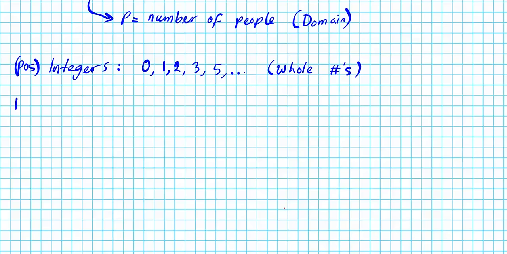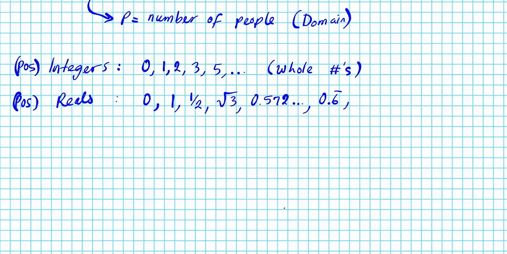How about positive reals? What are positive real numbers? Positive real numbers are, 0 is a real number, by all means. 1 is a real number. 1/2 is a real number. Root 3 is a real number. 0.572 and so on is a real number. 0.6 repeating is a real number.